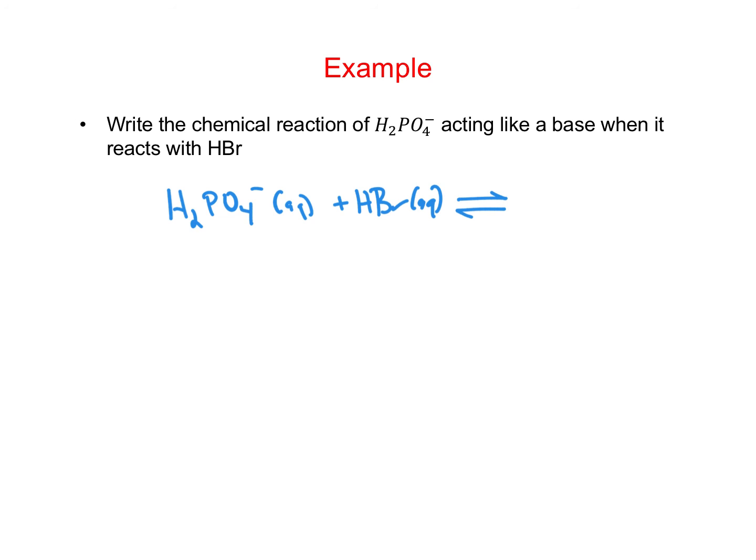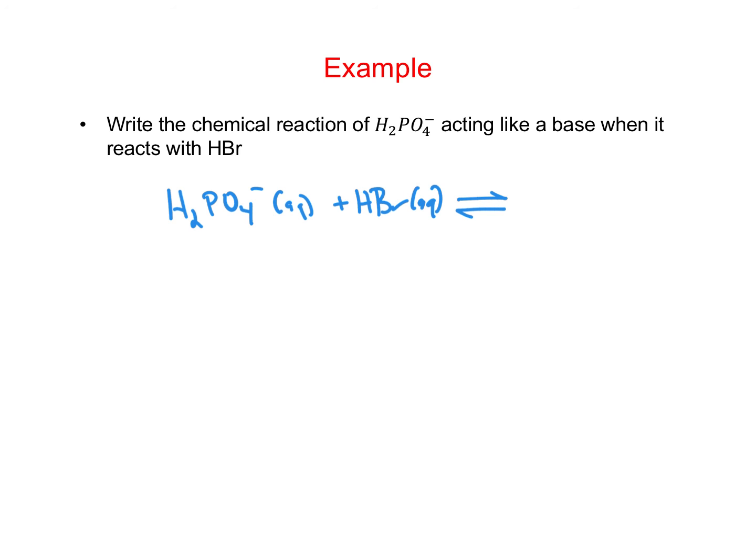In this case, we want to write the equation for acting like a base. Bases accept protons, so it's going to accept, or steal, the proton from HBr. So the H2PO4 minus is going to act like a base, and that means the HBr has to act like an acid and donate the proton.